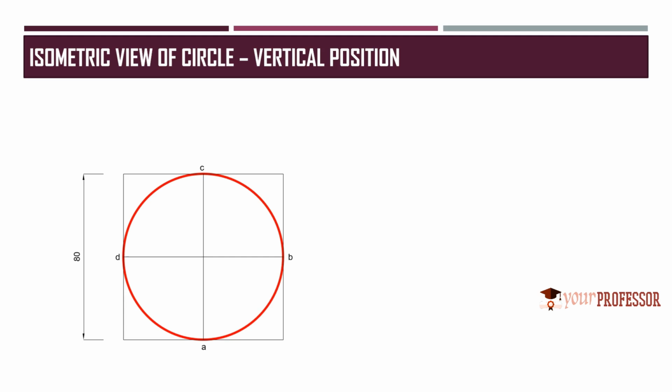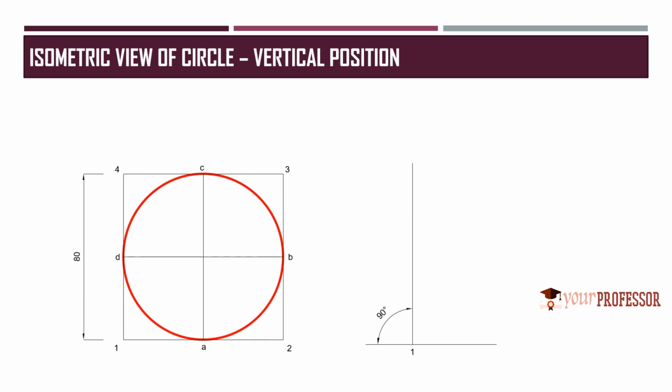So we did enclose, and consider those points as 1, 2, 3, 4. Let's start the isometric view of the circle in vertical position, and the method I am adopting here is the 4 center method. Let's start. Draw a horizontal line, consider the point 1. Now draw a vertical line which is of 80 mm length.